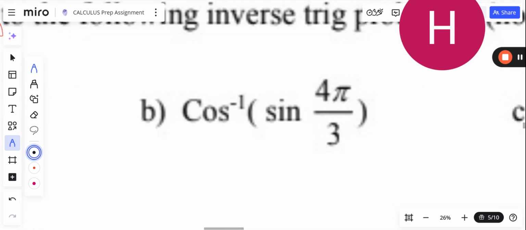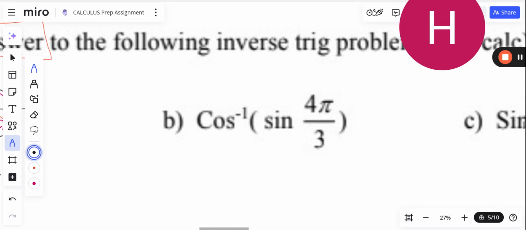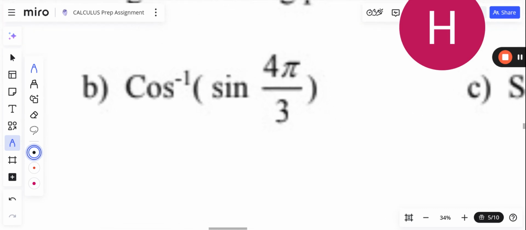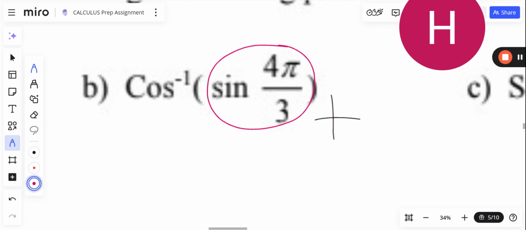Okay, great. Let's take a look at this. Cosine inverse of sine of 4pi/3. So we work from the inside out. Let's find out what sine of 4pi/3 is. That's in the pi/3 family, and 4pi/3 is right there. So this is going to be negative, and since it's in the pi/3 family, we have √3/2.